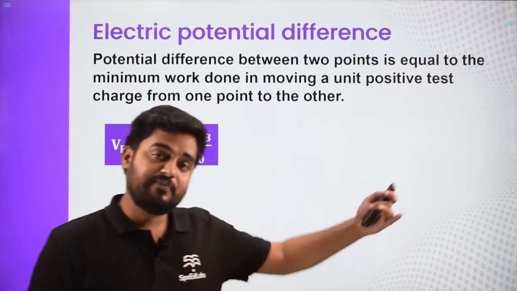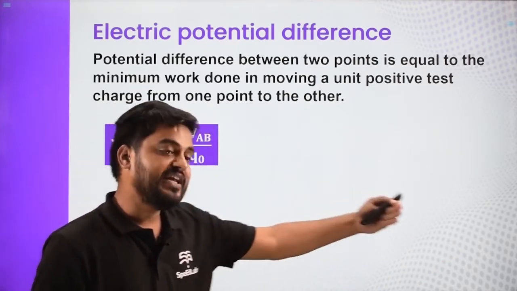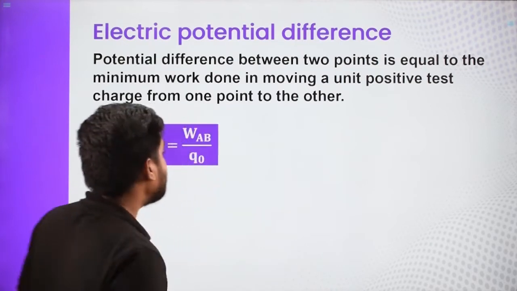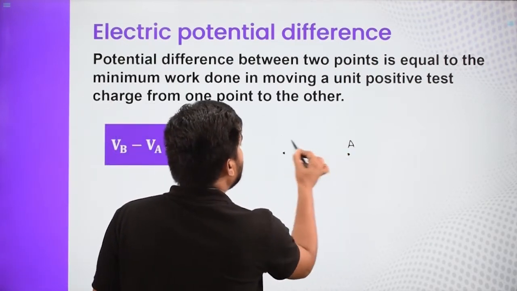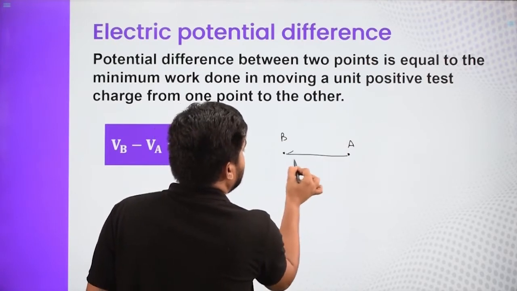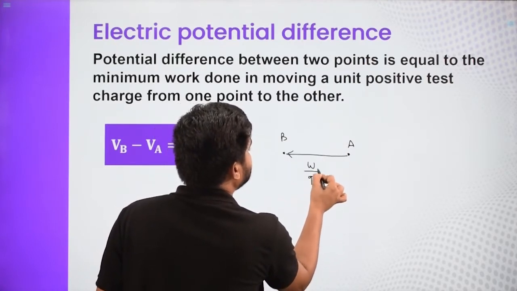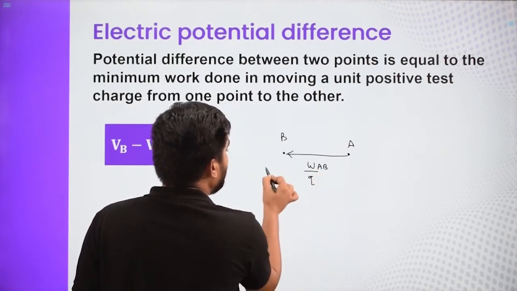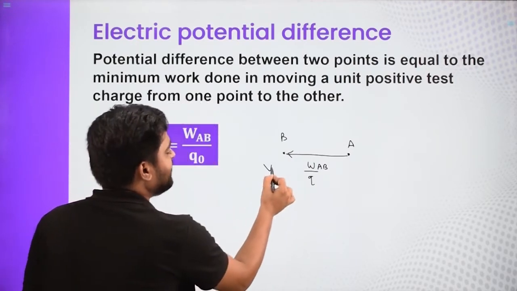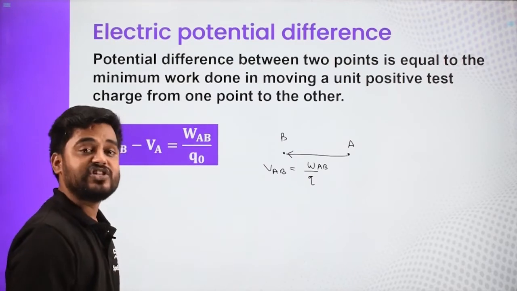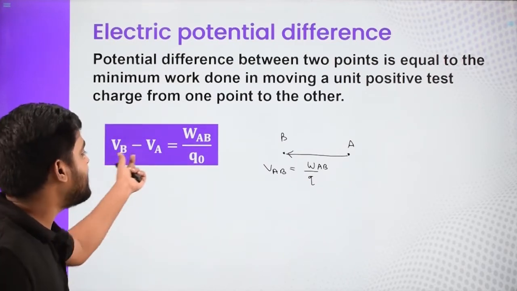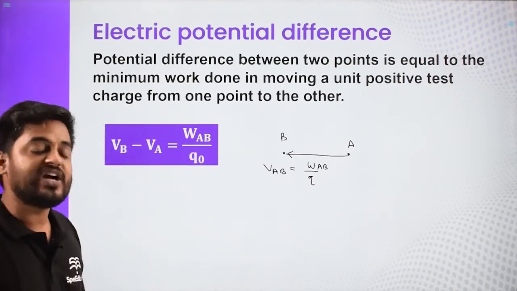So previously we were bringing the charge from infinity to that point. Now we are moving from one point A to another point B. Work done per unit charge in moving it from A to B gives the potential difference between A and B, or we can say the potential difference between VB and VA is the work done per unit charge from A to B.